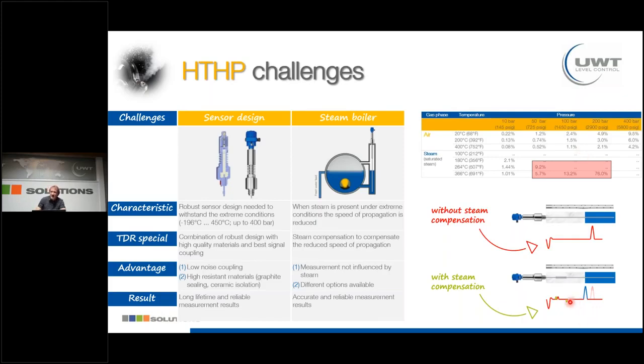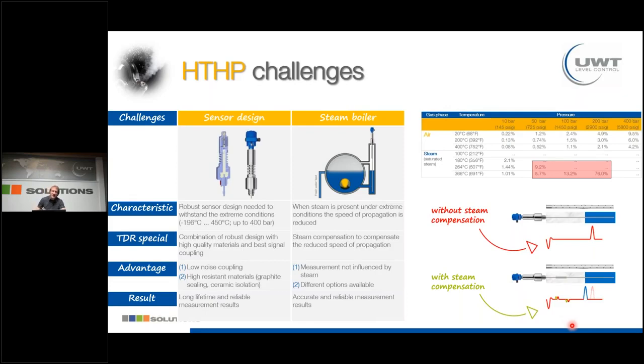So with this feature, we can eliminate this reduced speed of propagation because we're getting a smaller tube around the probe. This is what's installed here. We get a reference signal, and with this reference signal, this reduced speed of propagation can be eliminated, and the right speed of propagation is determined with the use of this reference signal.